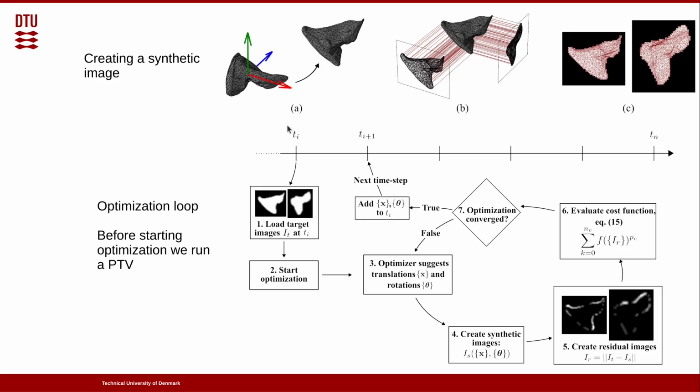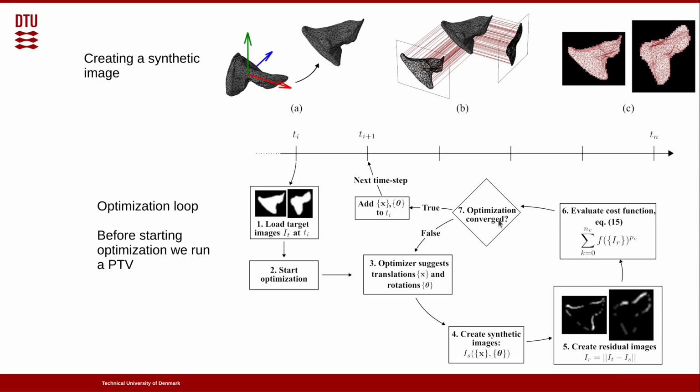So basically we start at a time step where we recorded our cameras, and then we load the target images, which we denote IT, these two, right? Then we start optimization. The optimizer suggests some position and some rotation of the synthetic particle. Then we create the synthetic images, these over here, and then we compare the target images with the synthetic images, creating these residual images, which we evaluate into a cost.